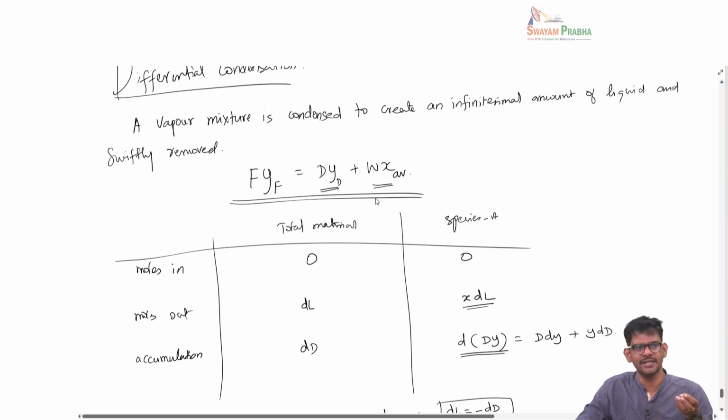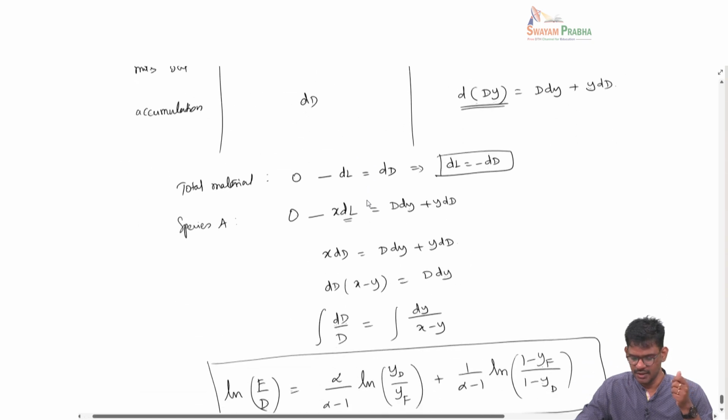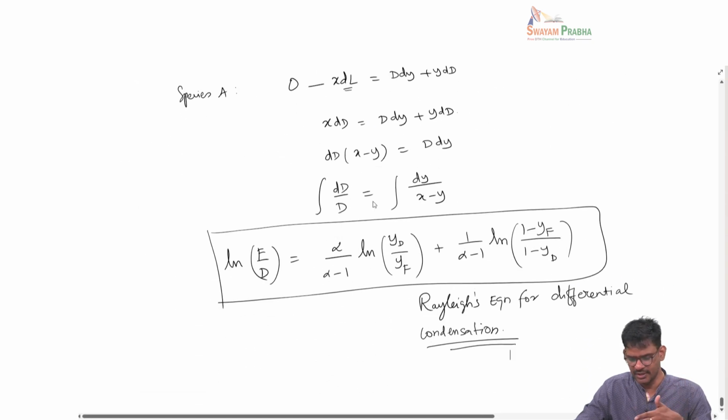You are collecting a very large number of these condensation steps, and equivalently you can write a set of mass balances. The approach is the same. There we wrote y as a function of x; here the variable is y, so you replace x in terms of y using constant relative volatility, continue with the integral, and then you get a final expression.